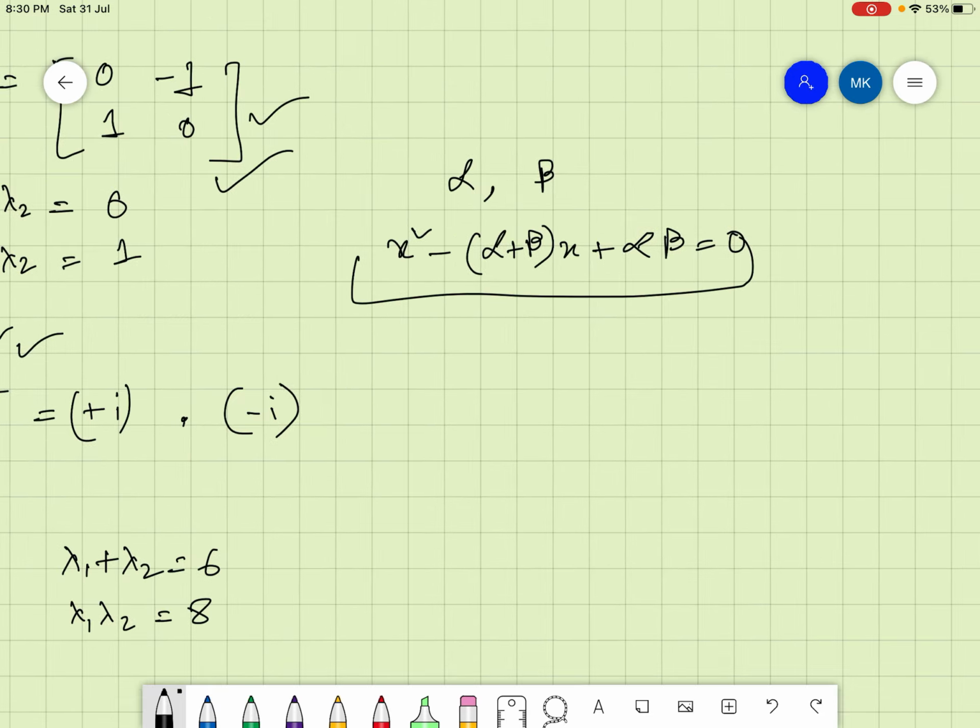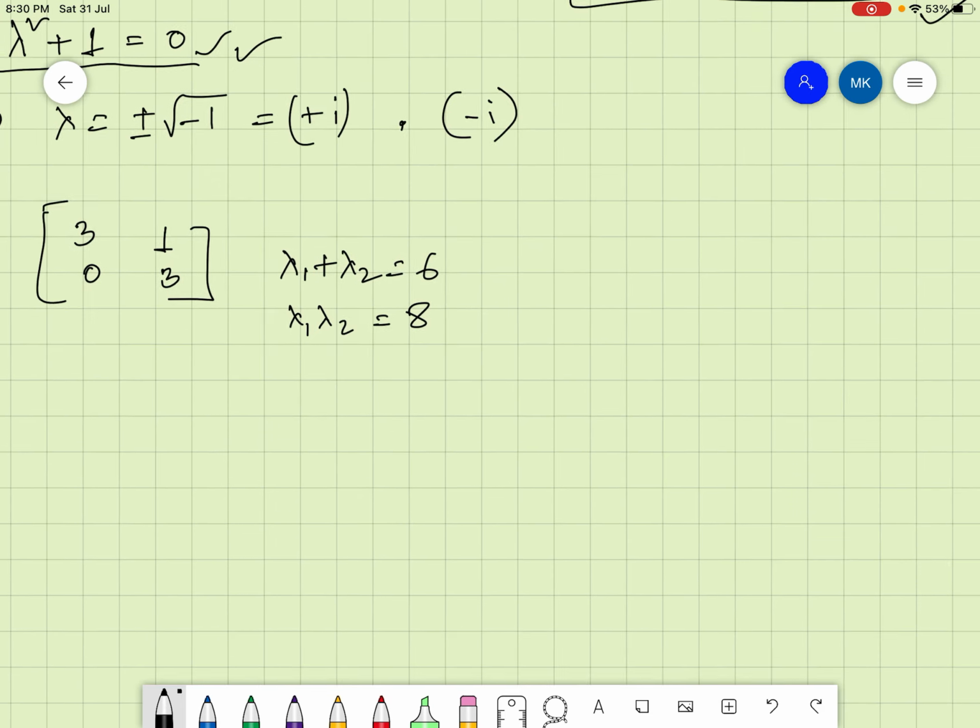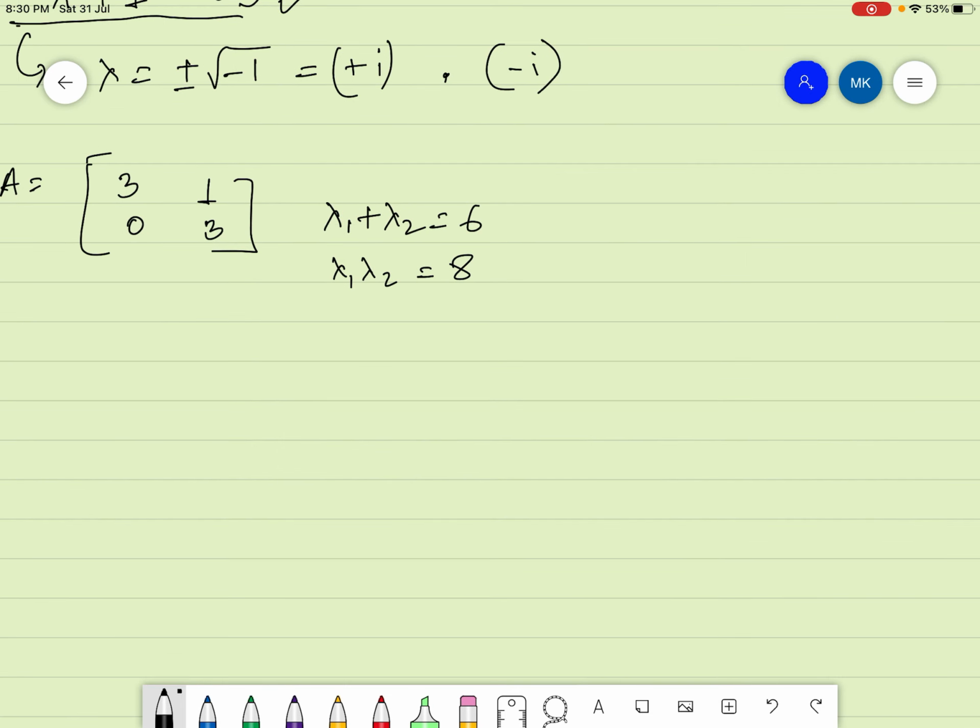So applying this factor method, we have the equation lambda squared minus 6 lambda plus 9. Oh, did I make any mistake? Oh, the determinant is 9. Sorry, it should be 9.